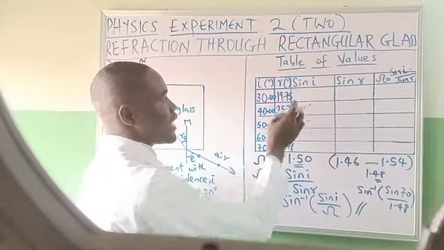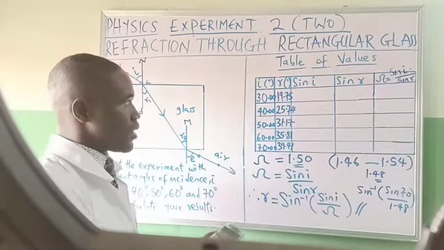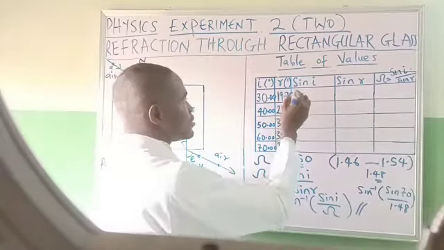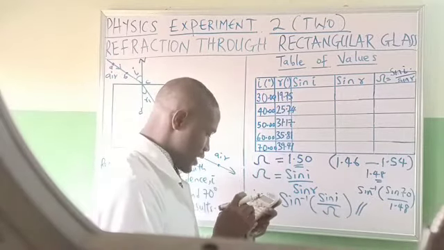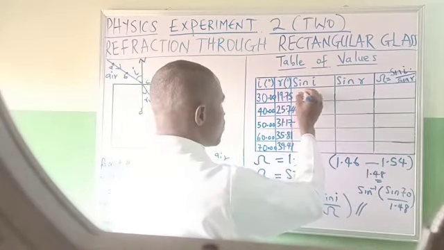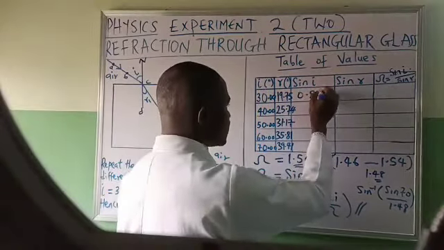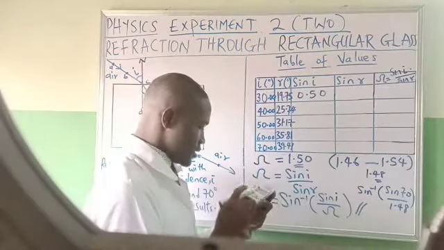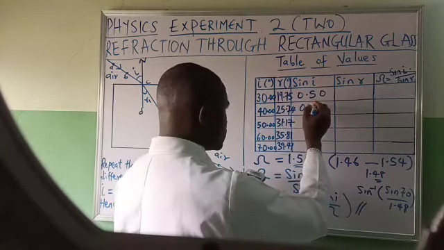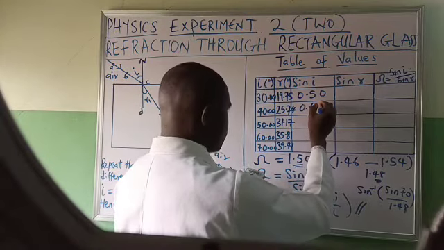And to get my sine i: the first sine i is sine 30, which is 0.50 to 2 decimal places. Sine 40 is 0.64.